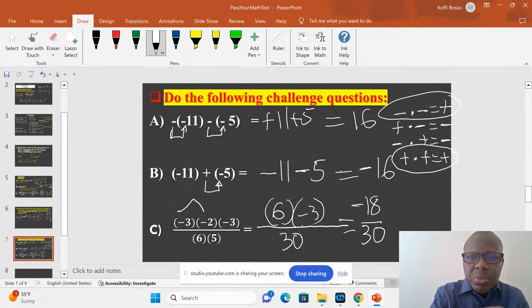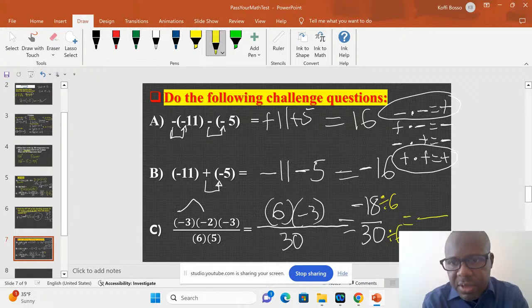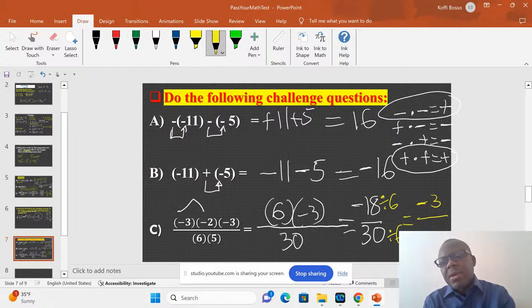This number is 6. So we're going to divide this by 6, divide it by 6. And understand that when we divide a negative number by a positive number, the result will be negative. So negative 18 divided by positive 6 gives you negative 3. And 30 divided by 6 is 5. So the answer is negative 3 over 5.